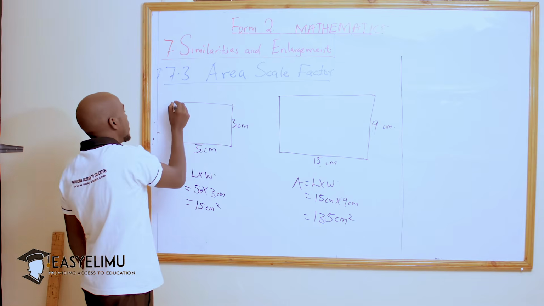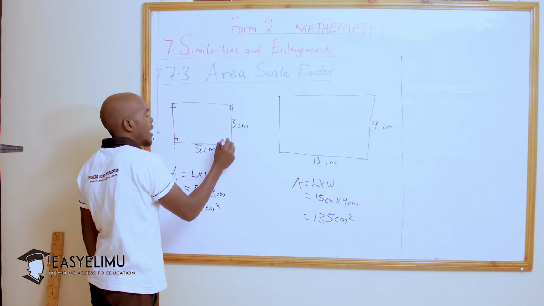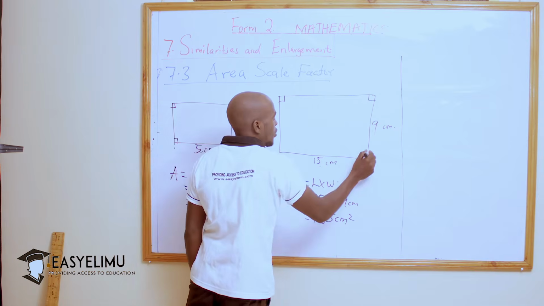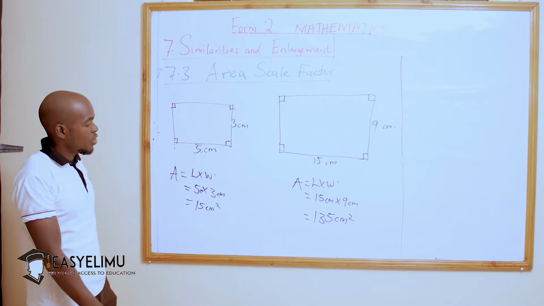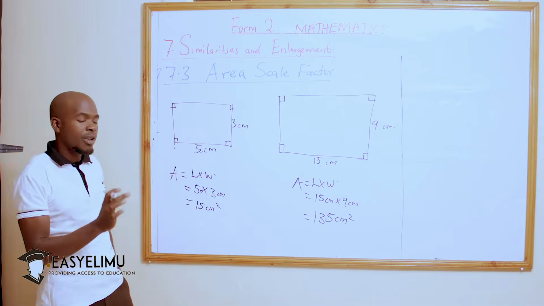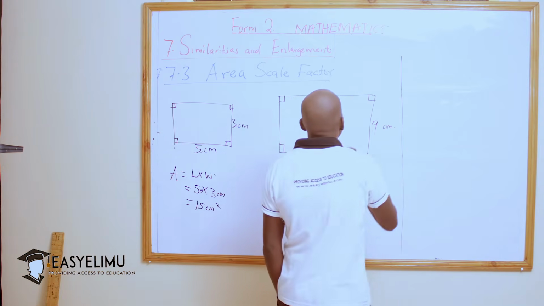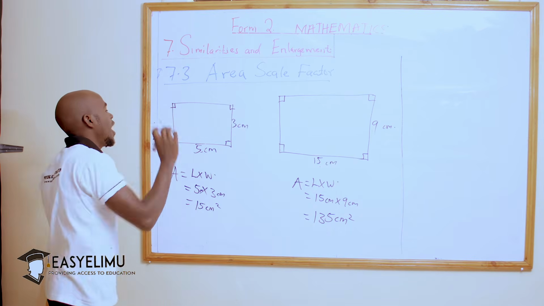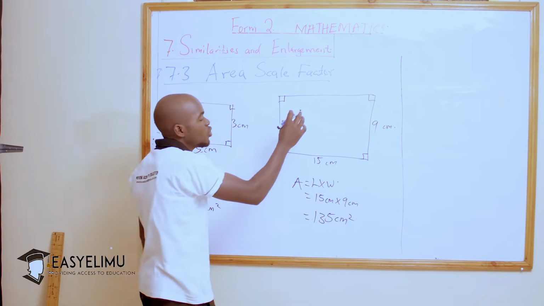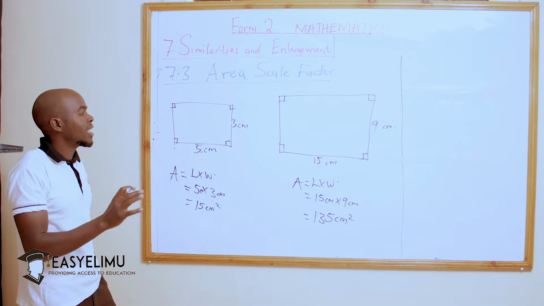After doing that, we can relate the two and find out what relation they have. Since they are similar, the two rectangles are in similar figure, so we can relate the two areas. Let's take the smaller one to be our object and the larger one to be our image, which underwent a certain enlargement.